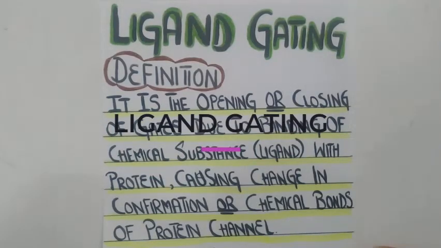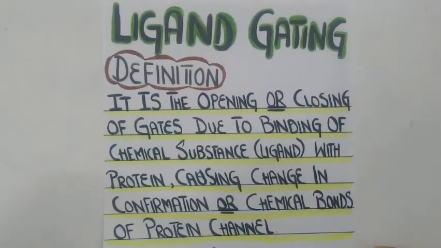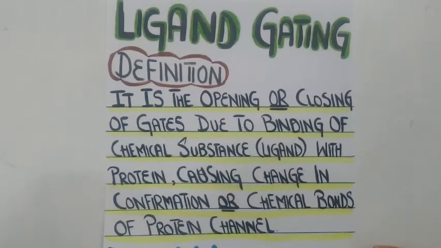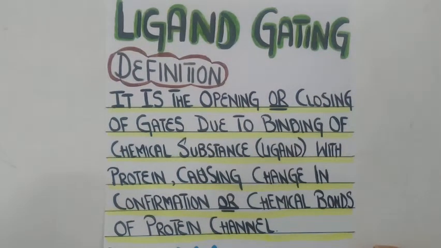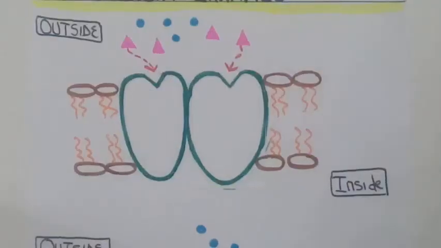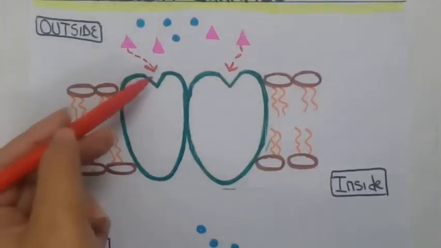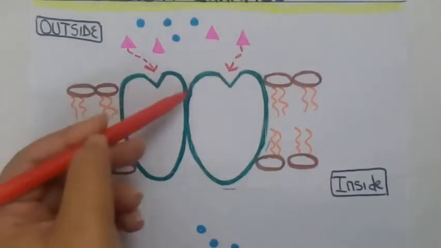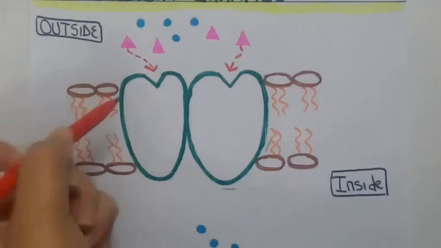Ligand gating is the opening or closing of the channel gates due to binding of a chemical substance called a ligand with the protein, causing change in conformation or the chemical bonds of the protein channel. This diagram here shows ligand gated channels. This is that transmembrane protein which is acting as a channel.